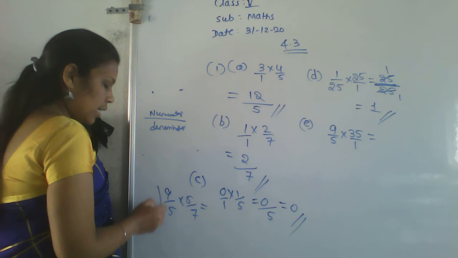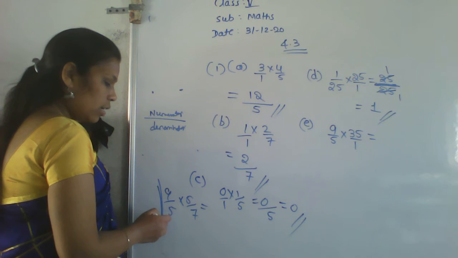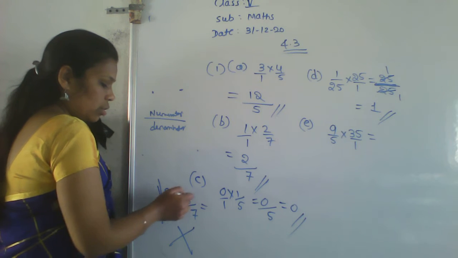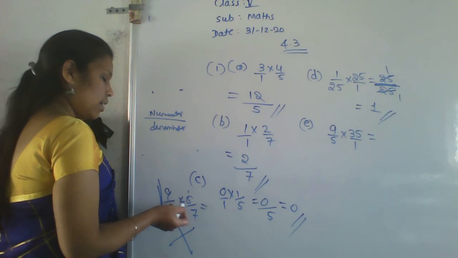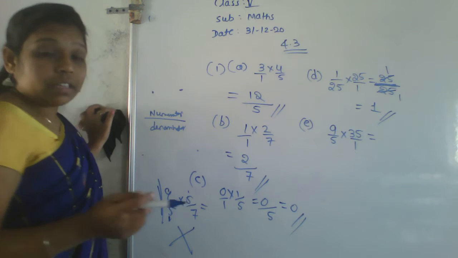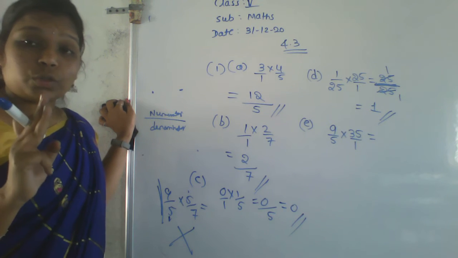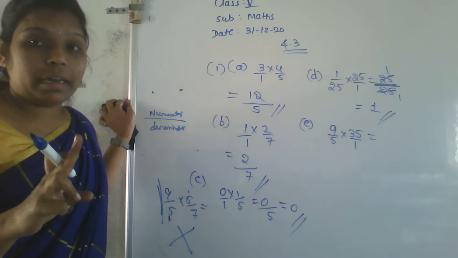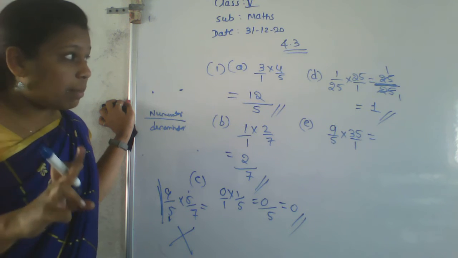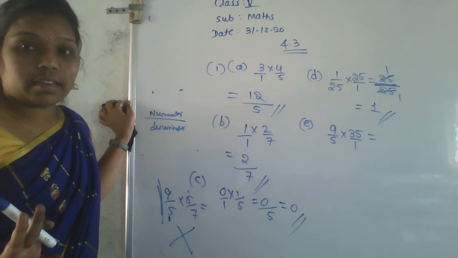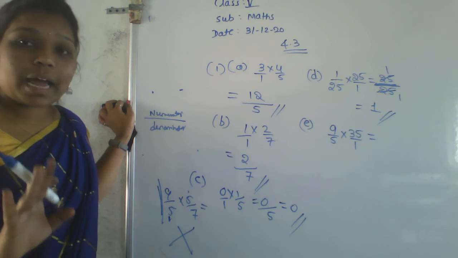We can cancel like this, or a cross like this. 5 and 5 get cancelled. Whenever we are doing a cancellation, the two values should be in the same table. If they are in the same table, then only we can cancel the values. Otherwise we can't cancel, we just have to multiply and write the values.